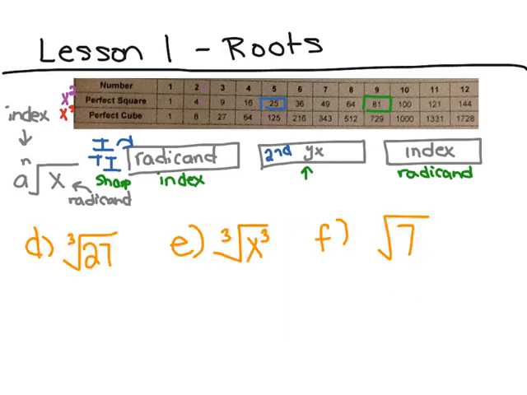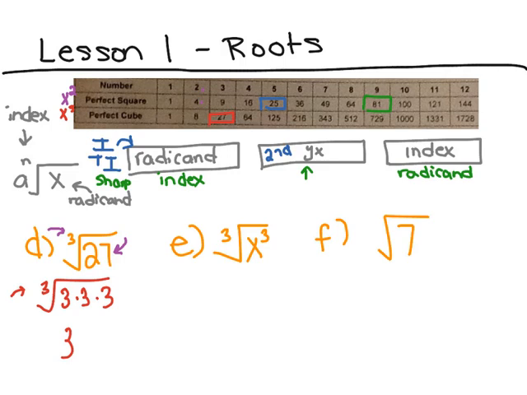So for the next one, we have the cube root of 27. 27 is a perfect cube. So we can write it as 3 times 3 times 3. Because there's 3 under the radical sign and our index is 3, we can bring out a 3. So the cube root of 27 is 3. Now to type this into your calculator, if you have an iPhone or a Texas Instrument, you type 27, second function, y to the x, 3, equals.